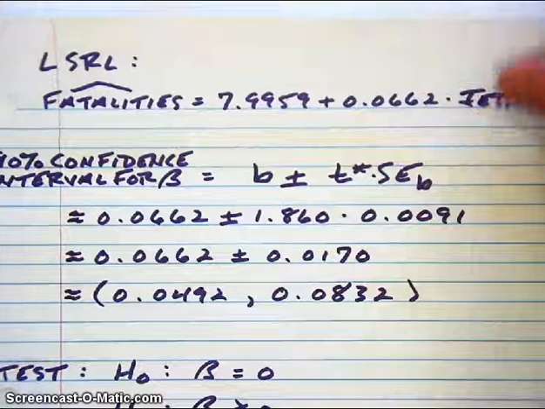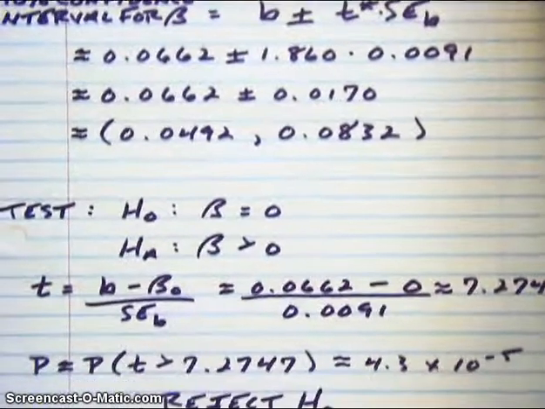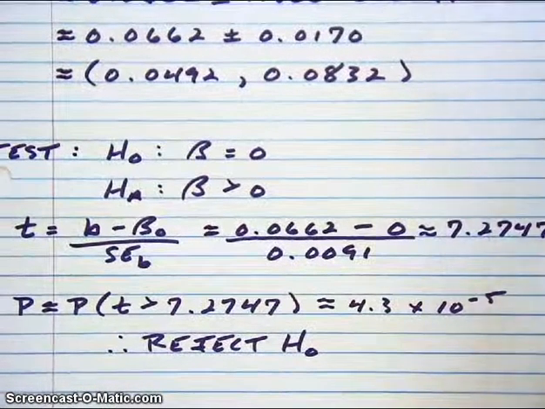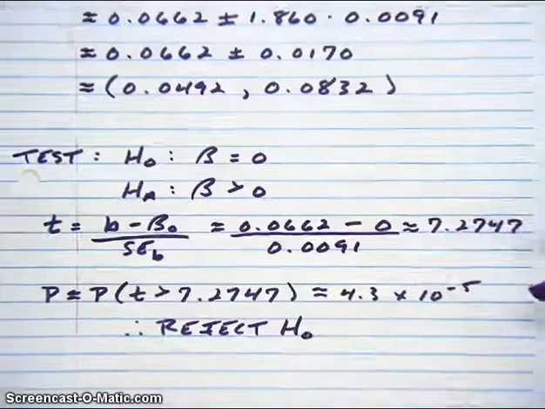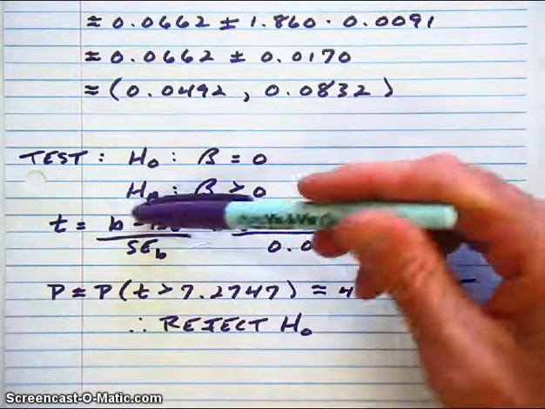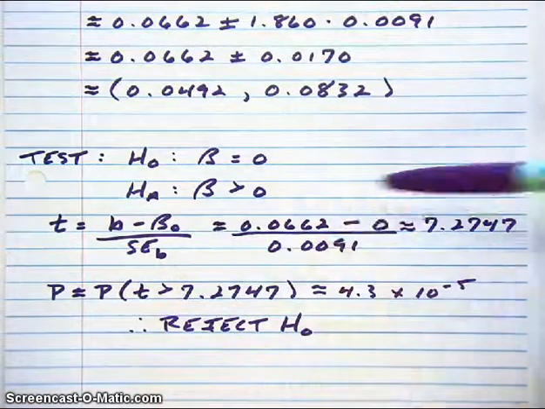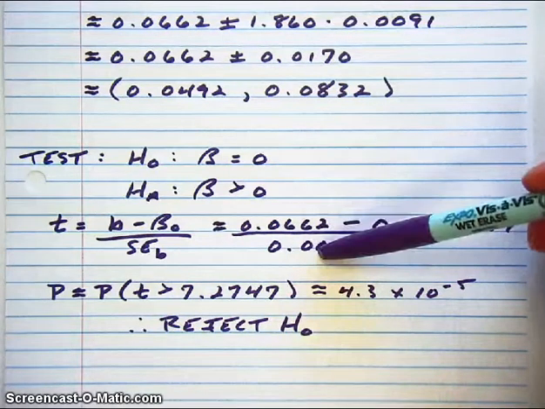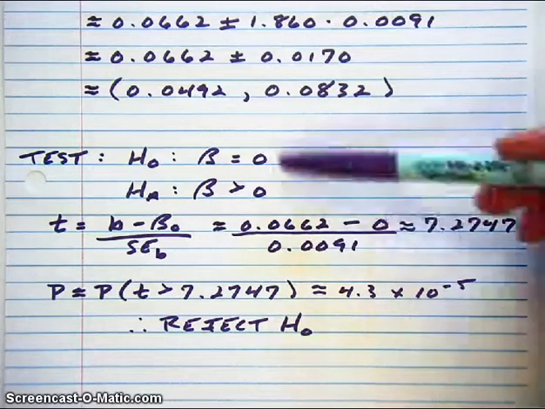And then secondly, if we want to do the t-test, the null hypothesis is that beta is equal to 0. The alternative is beta is greater than 0, and our t-statistic is B minus beta naught over SE of B. We get all this stuff from our computer output, and this comes from the null hypothesis.